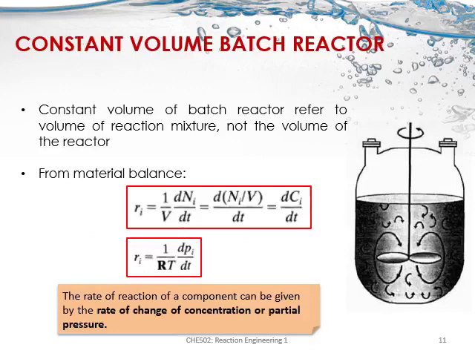Constant volume batch reactor refers to the volume of the reaction mixture, which is not the volume of the reactor. That is what I always mention. Your reactor might be slightly bigger than the volume of the reaction mixture. But we always take our V in Fogler as the volume of the reactor.